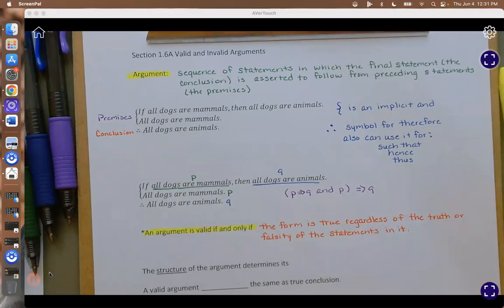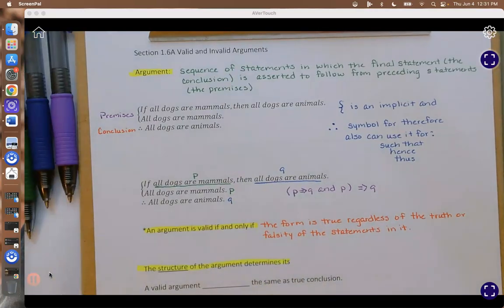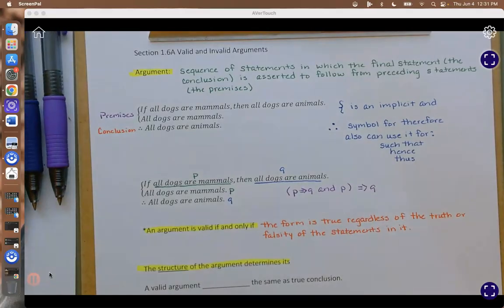So you say, yes, this is the right form, so yes, it's valid, regardless of whether it's true or not; it's set up in the correct form. So again, the structure of the argument determines its validity.